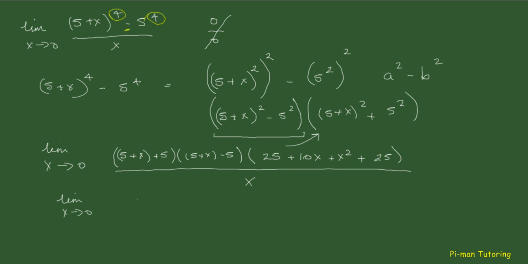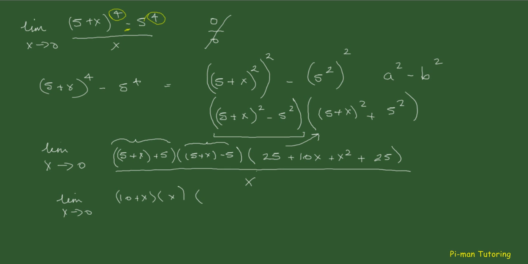So let's simplify this first bracket. We've got 10 plus x in here. And in the second bracket, we've got 5 plus x minus 5, which just leaves us with plain old x.